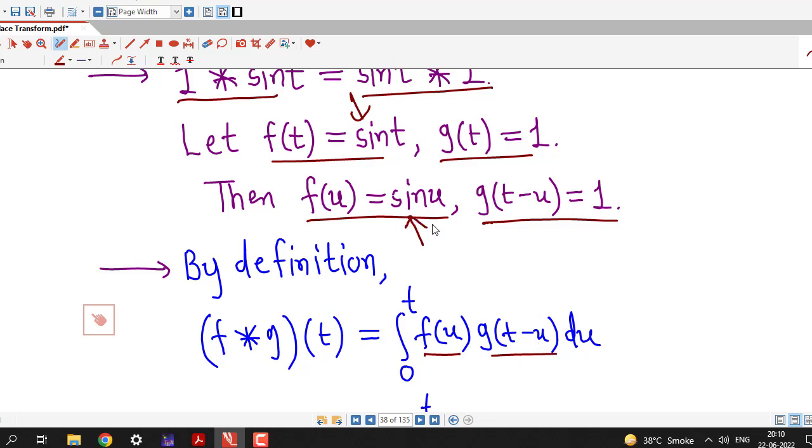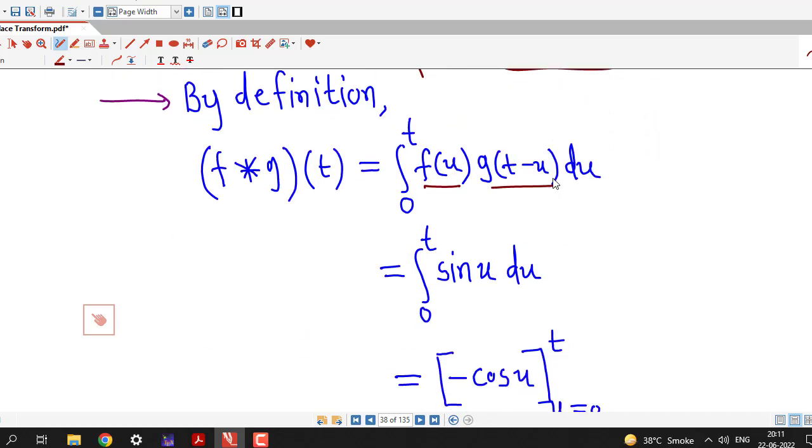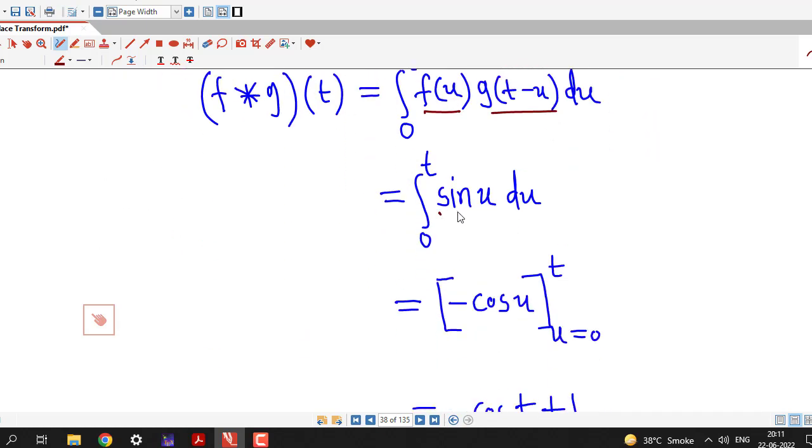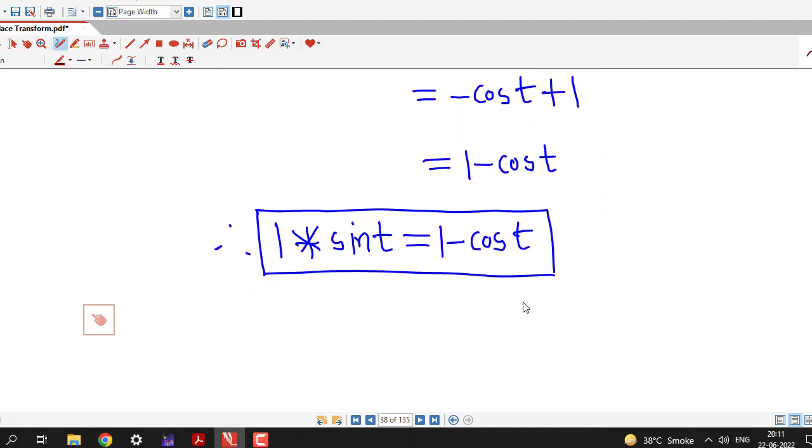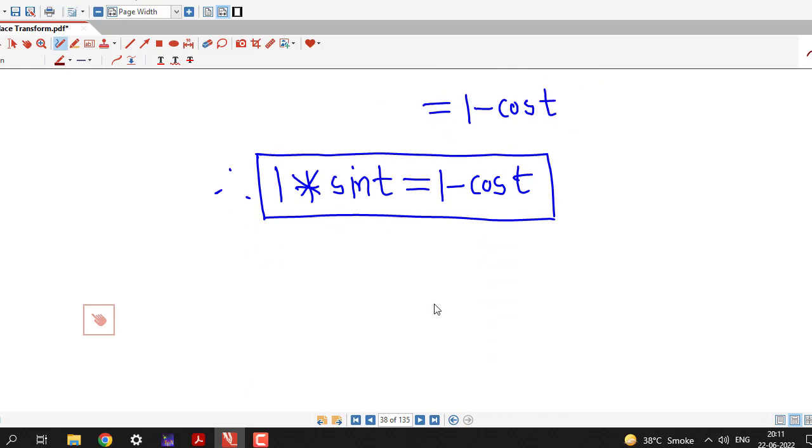F of u is sin u, g of t minus u is 1, and we integrate sin u. The integral is minus cos u. The limits of u are from u equal to 0 to t. First we put u equal to t, and we have minus cos t, minus minus plus cos 0, which is 1, and the convolution is 1 minus cos t. Therefore 1 star sin t is 1 minus cos t.